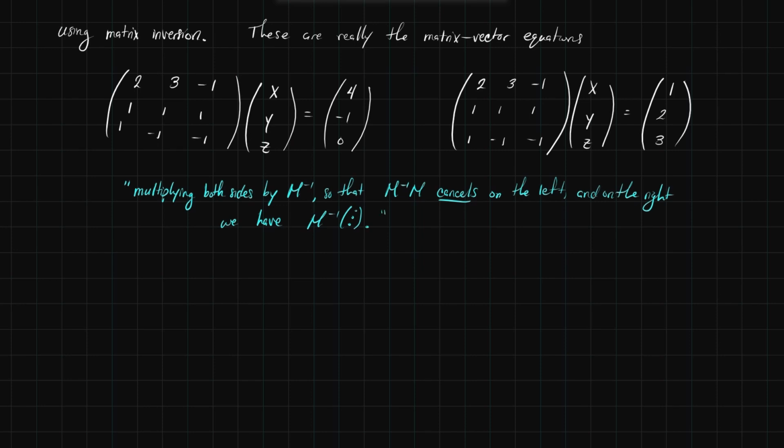That's really why the inverse matrix helps us solve these equations. It's an equation, so as long as you do something to one side, you can do it to the other side. In fact, you have to do it to the other side.